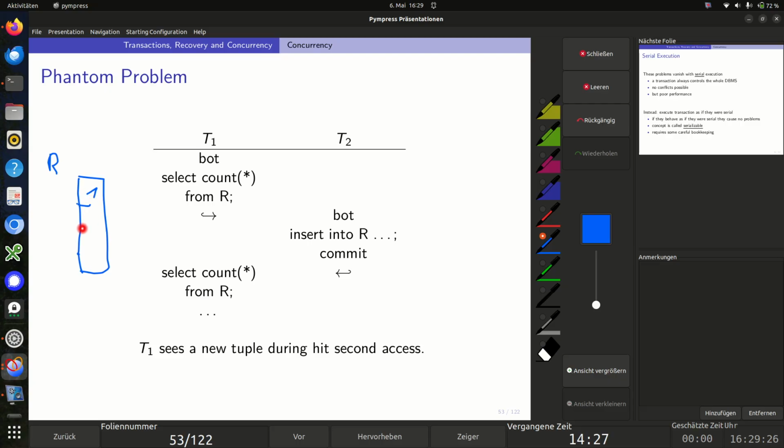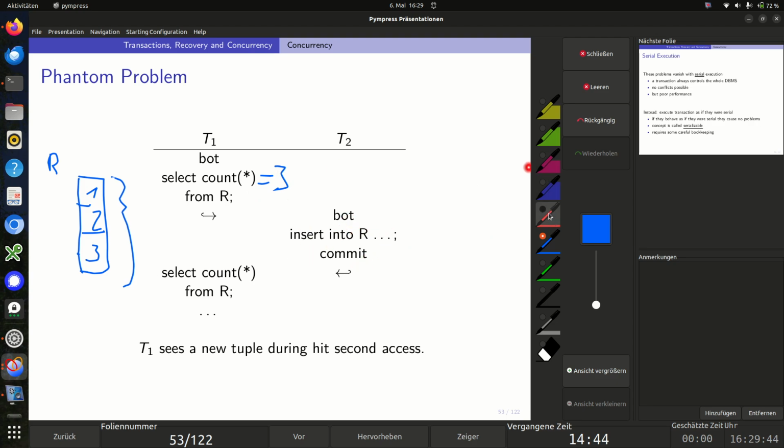We want to count it. We could have a shared lock on that, and we say the count would be equal to 3. But then we insert something into the database.